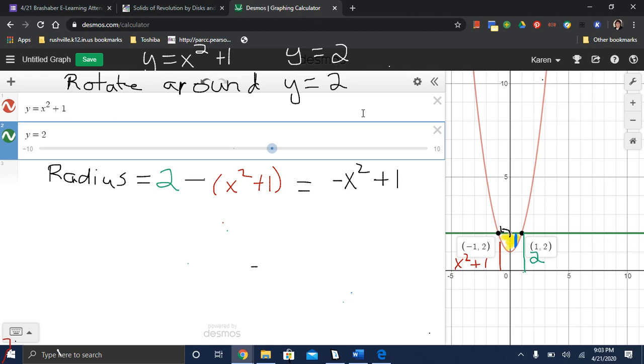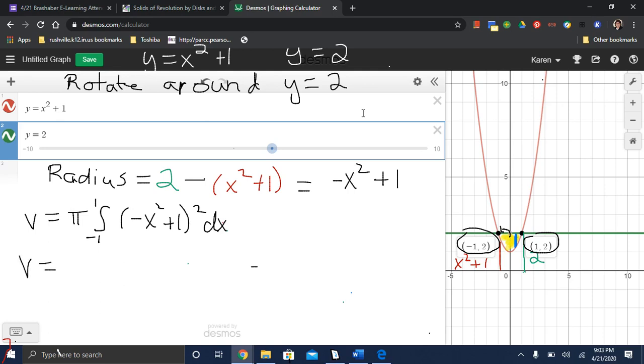And so we'll do the volume, doing pi times the integral. Now we're going with our x's, so from -1 to +1, and our radius, negative x squared plus 1, that is squared. And then, of course, the height of the disk, infinitely small, dx.